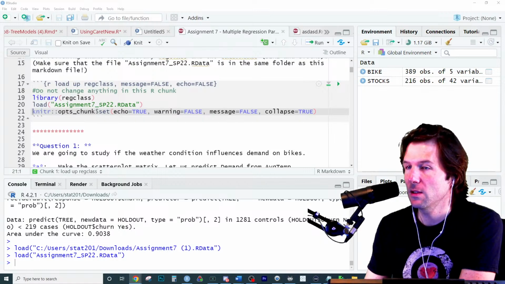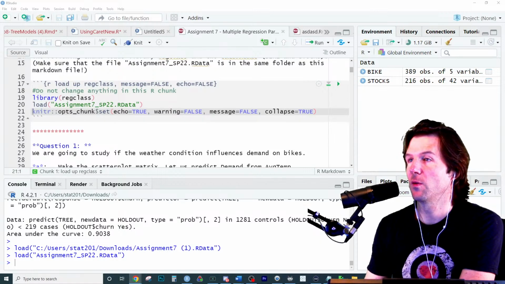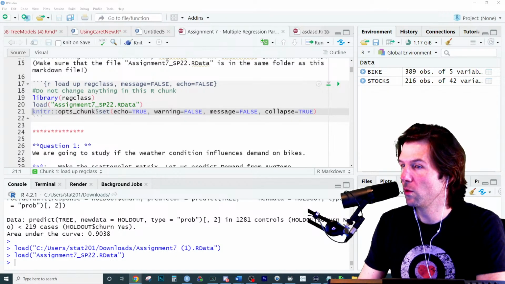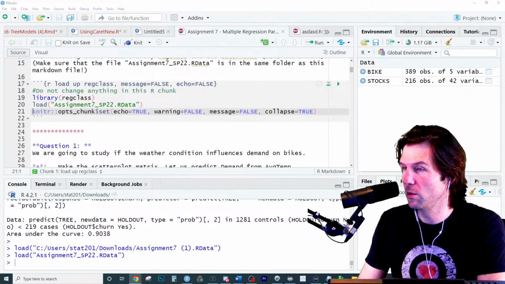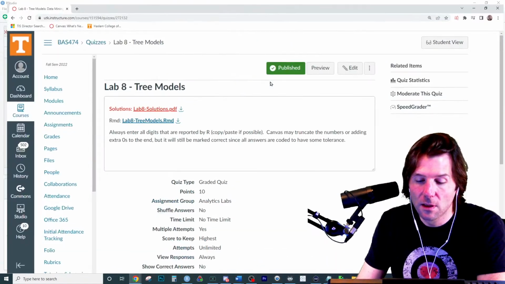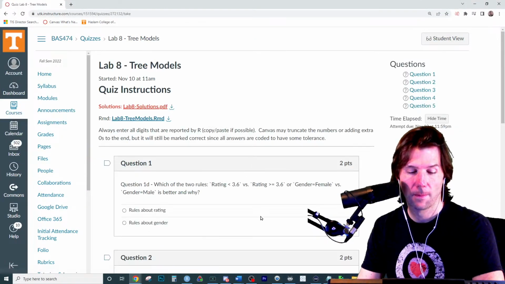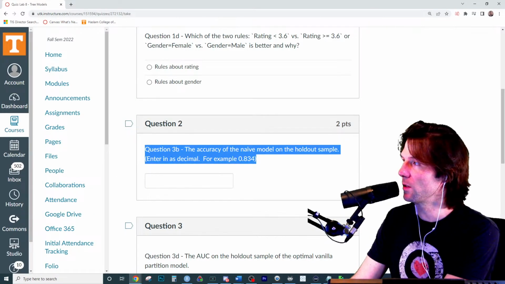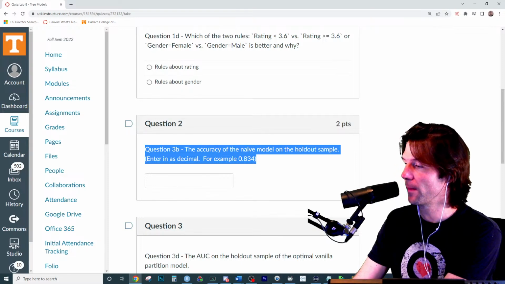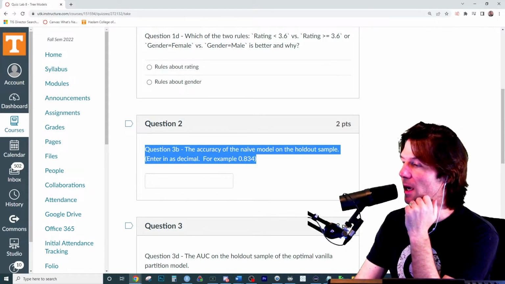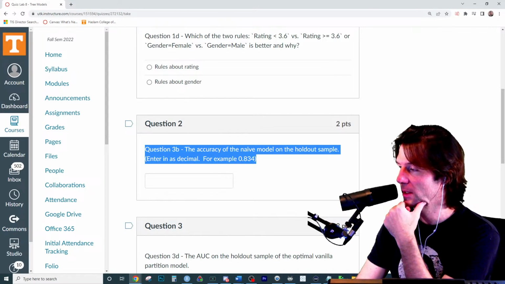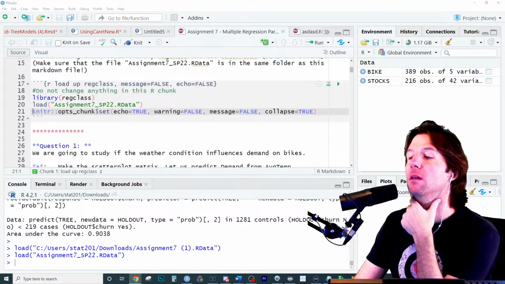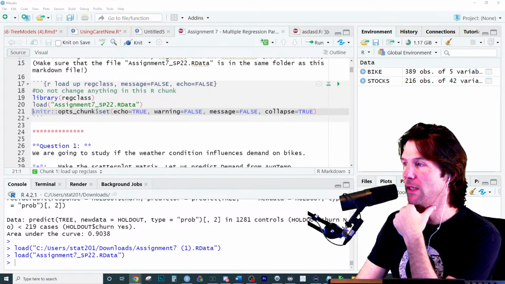I'll need to go find that. 474 question 2, tree-based models, says the accuracy of the naive on the holdout. So that is the accuracy of the naive on the train. So it should be, well, the accuracy of the naive on the holdout. And so it wants the accuracy of the naive on the holdout.